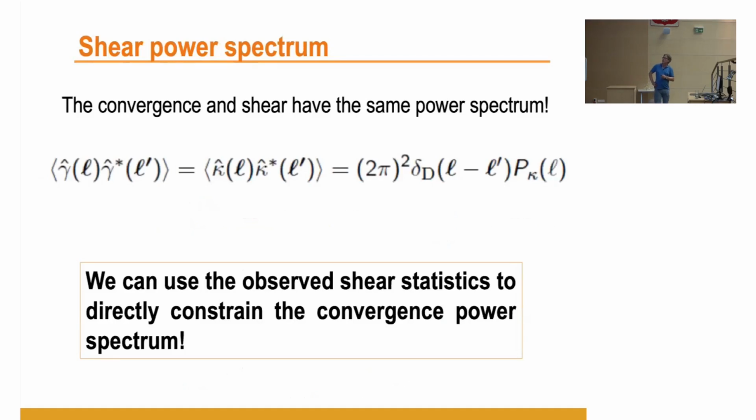The convergence and the shear have the identical power spectrum. So all I need to do is measure the power spectrum of the shear, and for free, I get the convergence power spectrum, which means I can directly relate my observations to the matter power spectrum. That is the power of weak gravitational lensing.